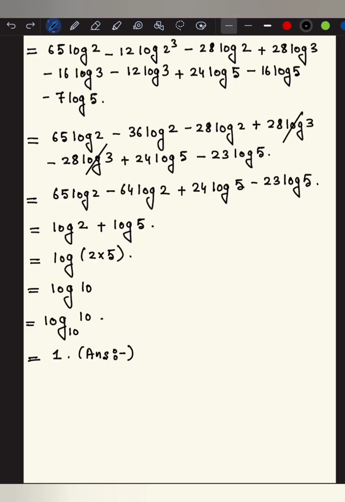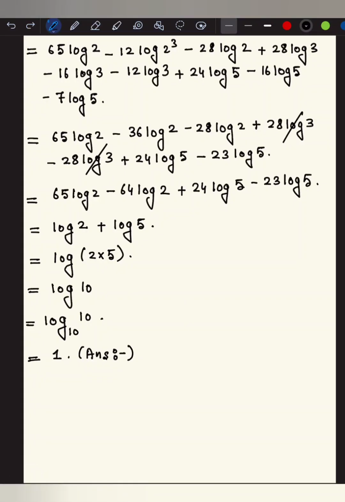So it comes out to be 64 log 2, and this 36 and 28 gives 64, so minus 64 log 2, plus 24 log 5 minus 23 log 5, and this plus 28 log 3 and minus 28 log 3 gets cancelled out.